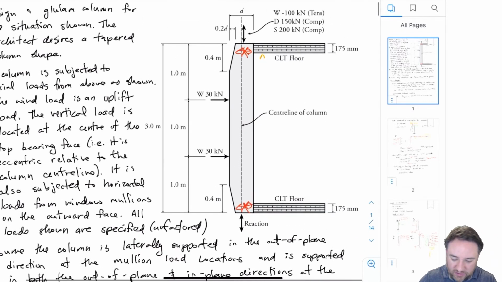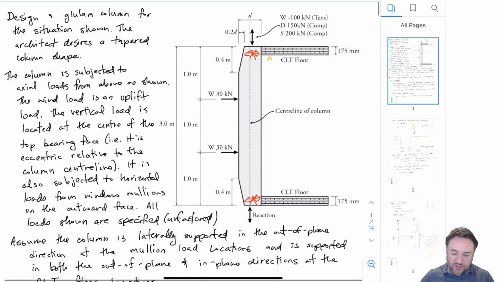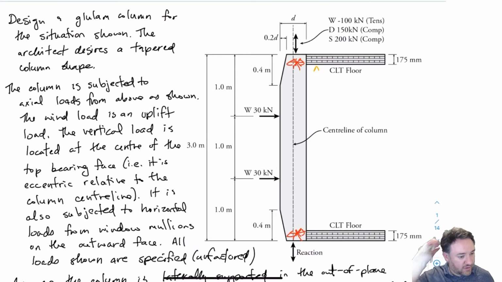If that was it, then we would have an effective length factor K of 1 for buckling in both directions. So we have buckling in this direction, and we have buckling in the other direction, the strong axis direction, and we would have basically effective lengths of 1 in both directions.